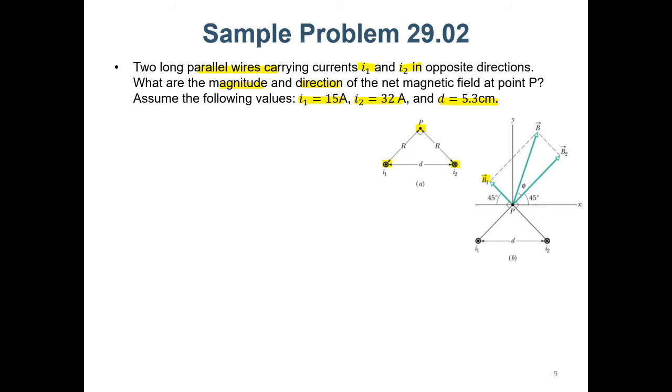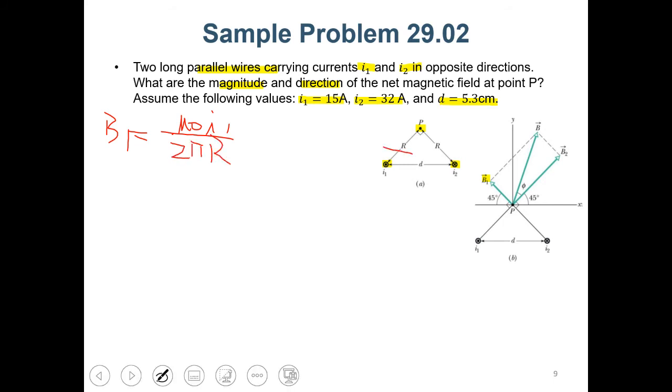And the next step, we need to consider the magnitude of them. B1 is nothing but mu0 I1 over 2 pi r, because this one is r. And B2 is mu0 I2 over 2 pi r.